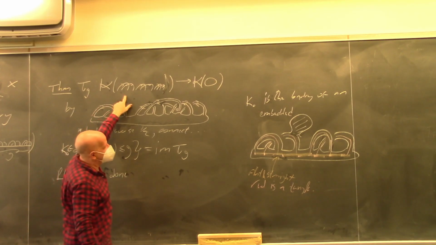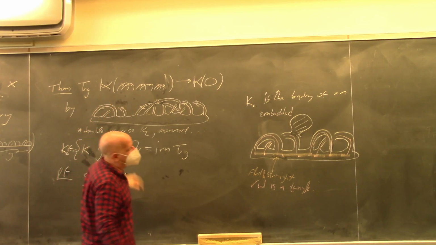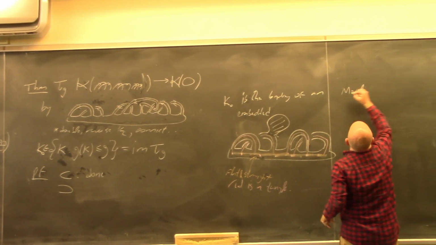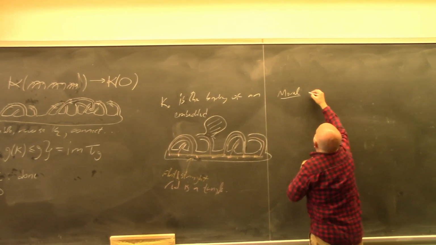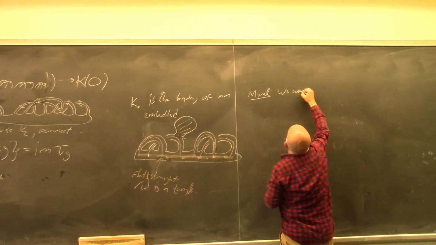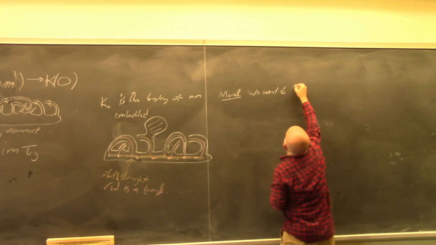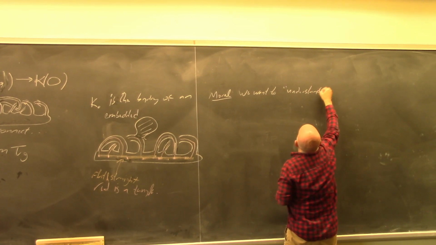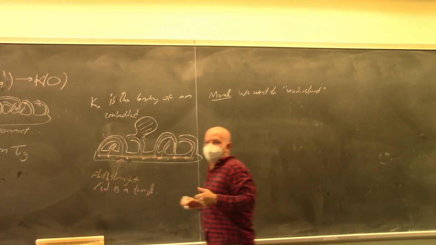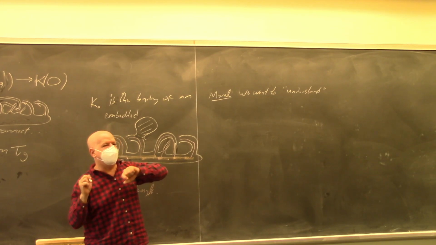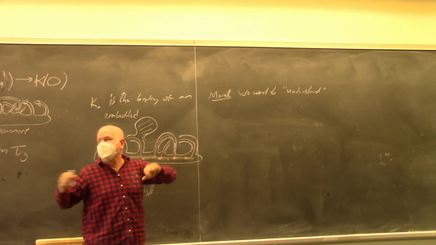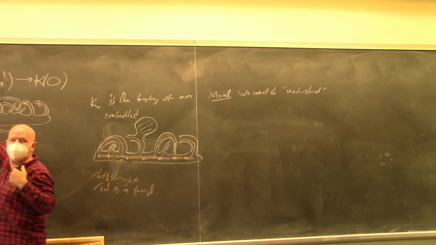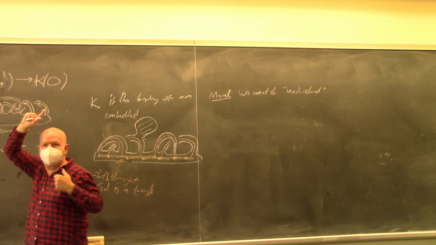So if you understand tangles, so the moral is, we want to understand. Understand in the context of this class will mean find homomorphisms from this topological collection to algebraic things.